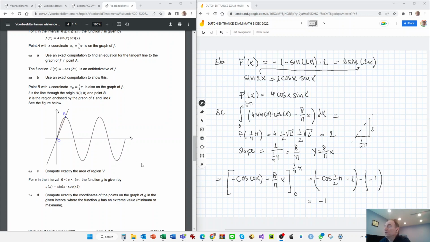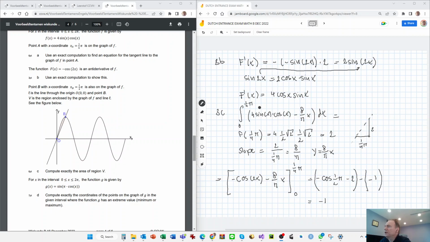Well, I did something wrong. I need some debugging. So the point B is f at quarter pi, 4 times sine cosine is 2. So this should be the slope.